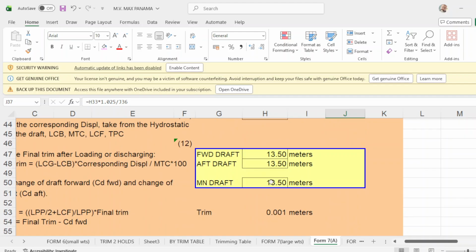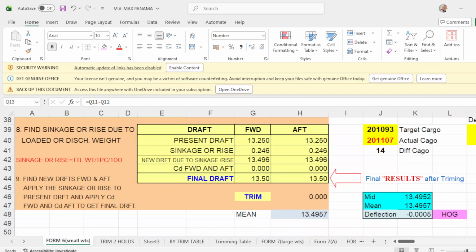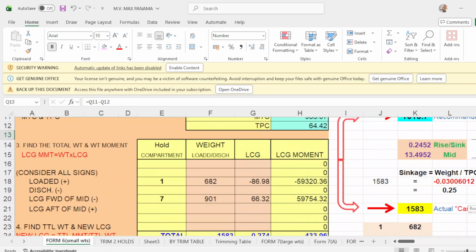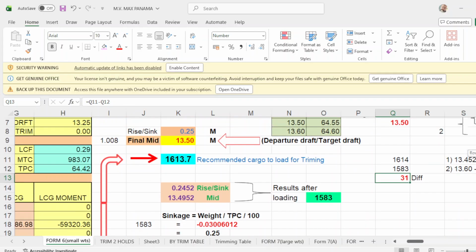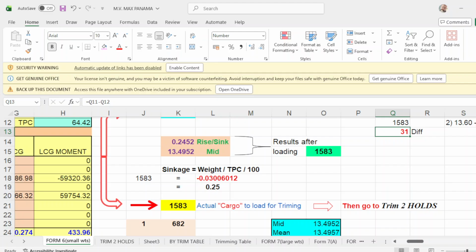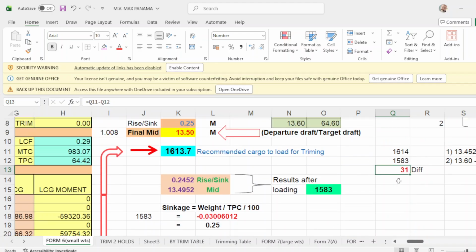Okay. This one is exactly the same drop, but take note, if you use this figure, you will be short of 31 tons, because according to this program, you should load 1614 to be exact, and you will be short of 31 tons.